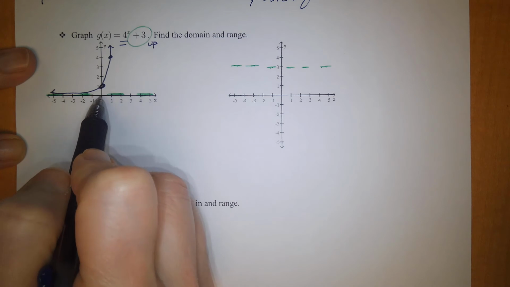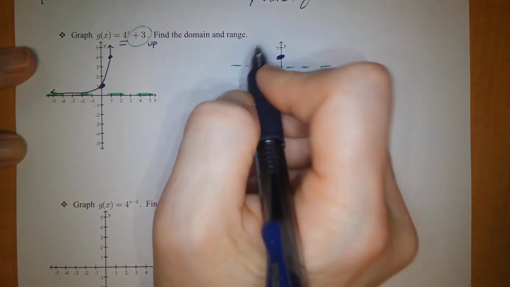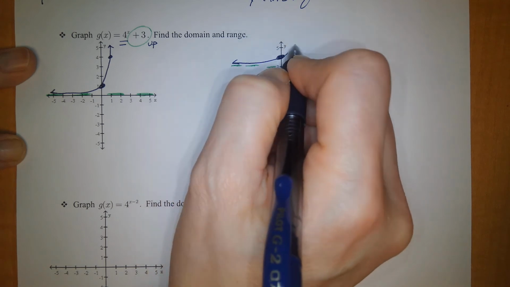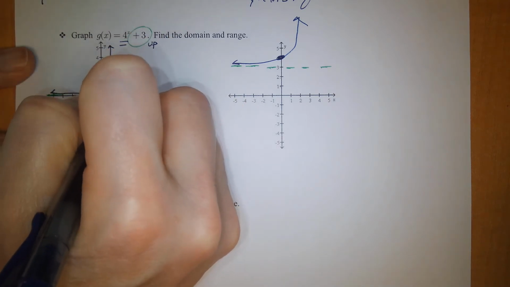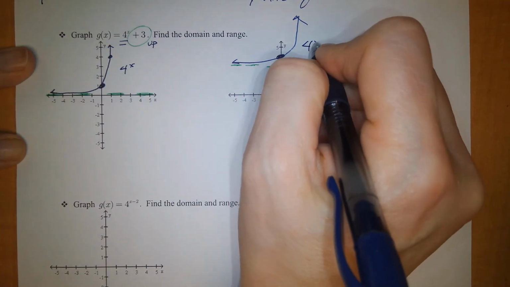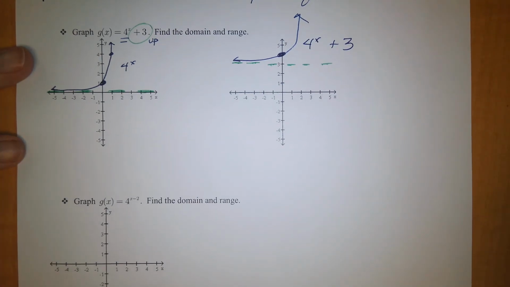This point that used to be at (0, 1) is now going to be located at (0, 4). So when we sketch the graph, we get this. This is the graph of 4 to the x, but this is the graph of 4 to the x plus 3.